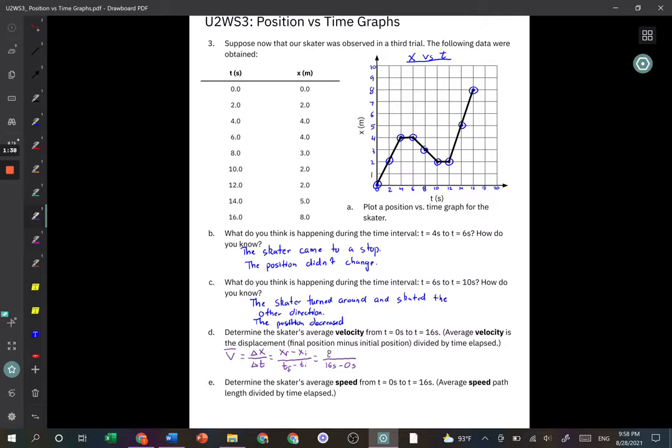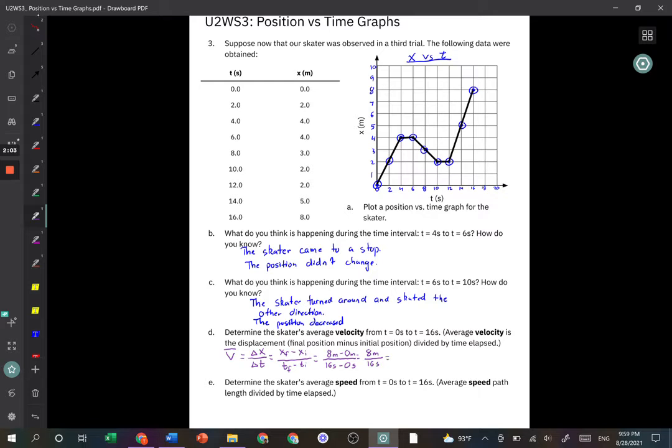So our final position is 8 meters, and our position at time 0 is at the origin, 0 meters. So our change in position, that's displacement, is 8 meters, and our change in time, or the time elapsed, is going to be 16 seconds.